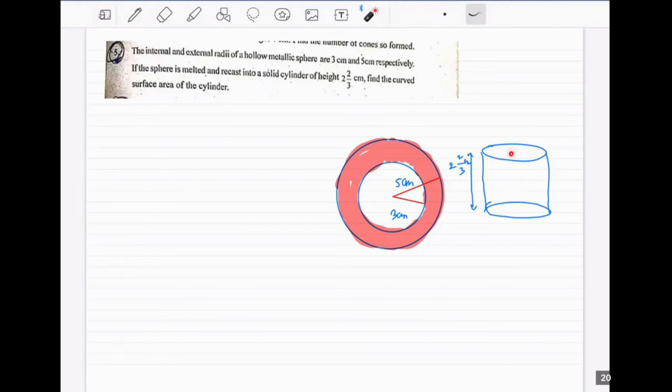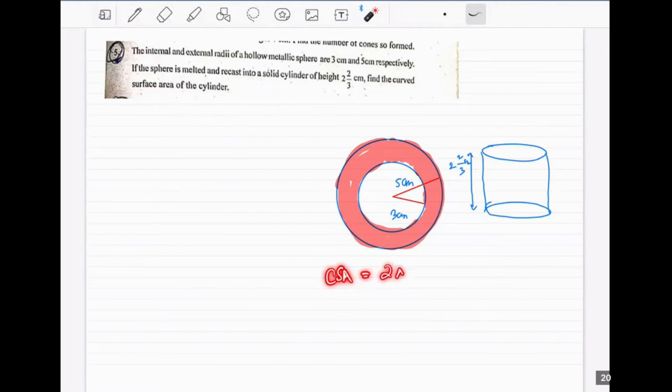So one thing is missing, right? The radius is missing. We need to know both the radius and the height in order to know the volume or the surface area of the cylinder. We don't know the radius. What does the question want? The question wants us to find the curved surface area of the cylinder. You know curved surface area, right?